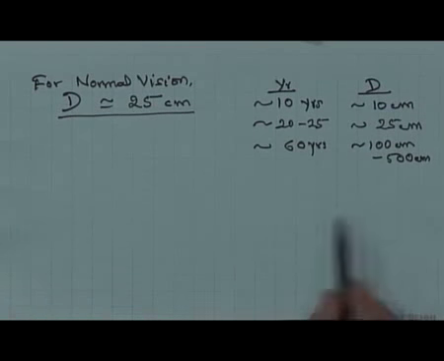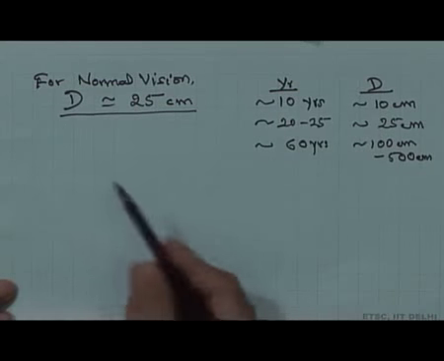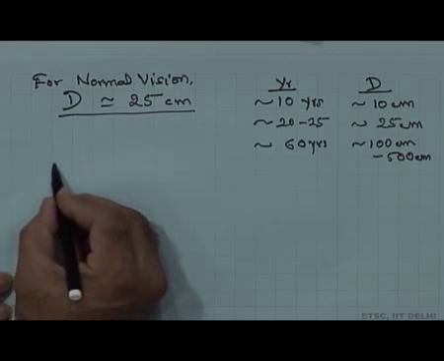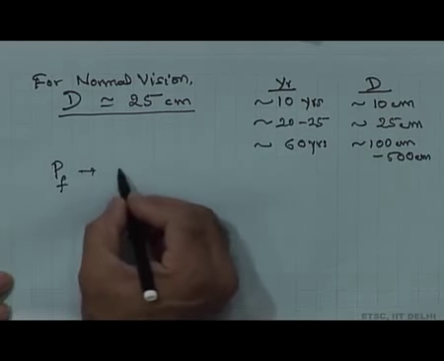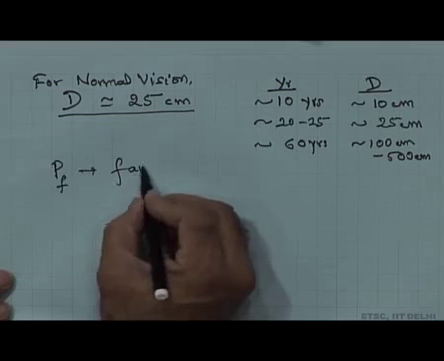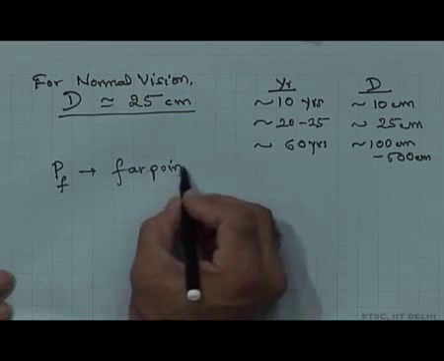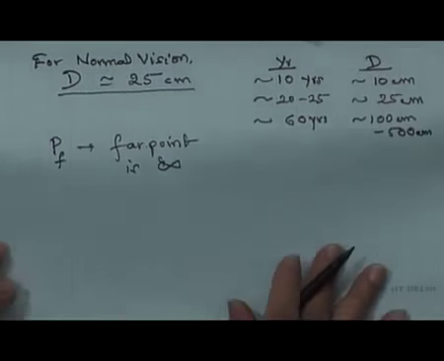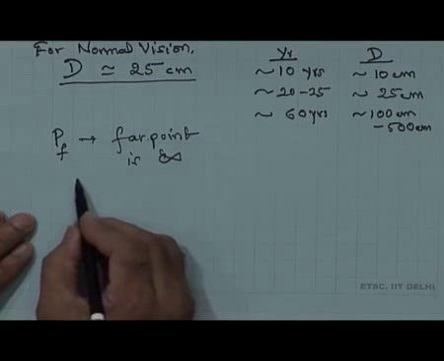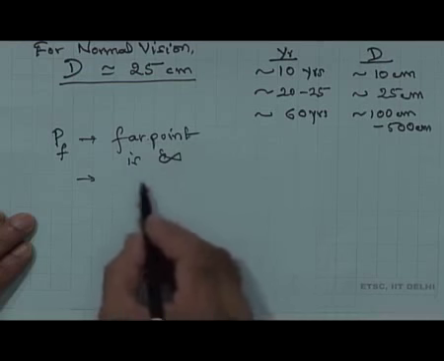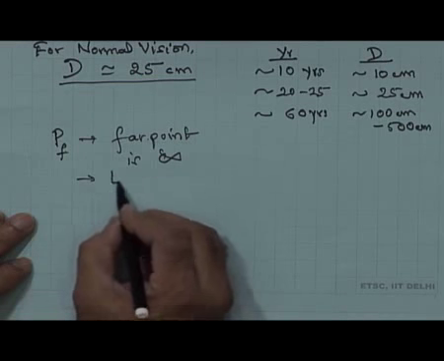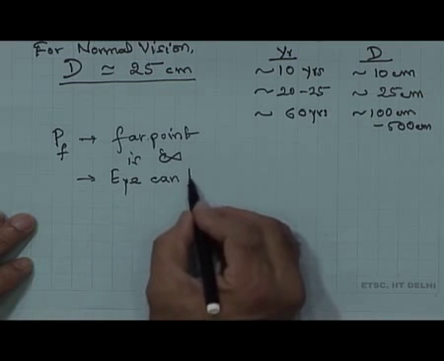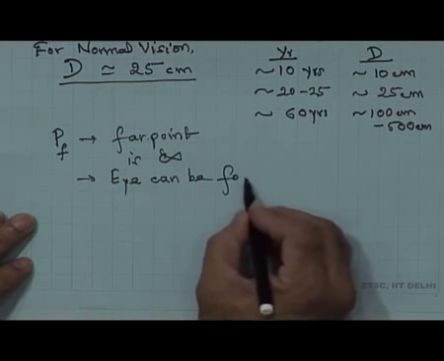So, this is for normal vision, and for normal vision the far point, that is P f, is infinity, which means the eye can be focused to infinity. Infinity here refers to a very large distance.